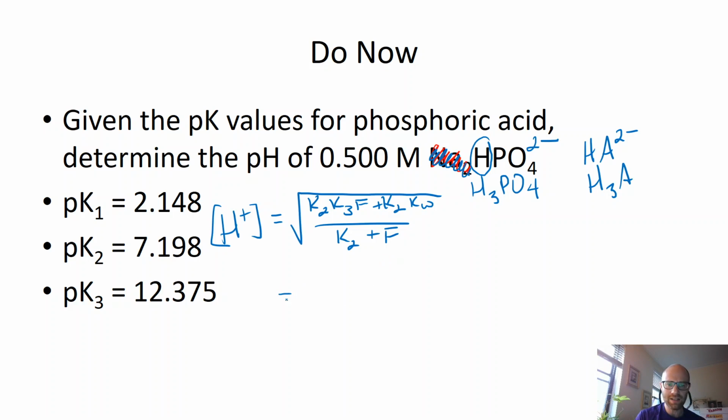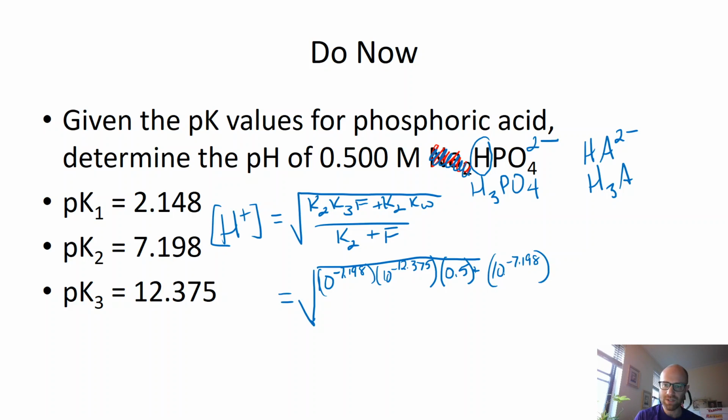And then plugging in, I can go through the plugging in just to make sure we are all on the same page with our numbers. 10 to the negative 7.198 times 10 to the negative 12.375 times 0.5 plus 10 to the negative 7.198 times 10 to the negative 14th, all divided by 10 to the negative 7.198 plus 0.5.